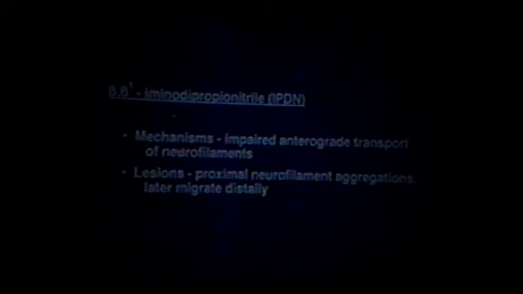So something in terms of neurofilament transport, some people may feel there's an alteration of neurofilament production, but one gets these proximal masses of neurofilaments in the axon, sometimes in the cell body, and these may later migrate distally, but the primary effect is on the proximal portion of the axon, and this also leads to atrophy and degeneration distal to this mass of neurofilaments.